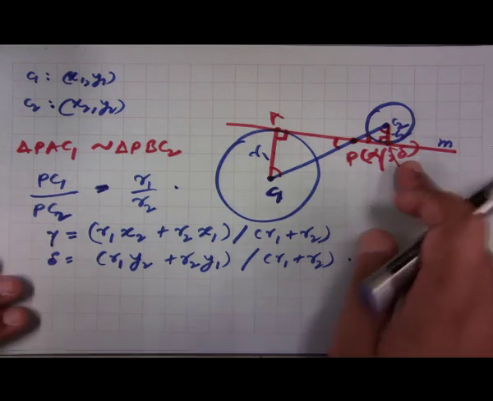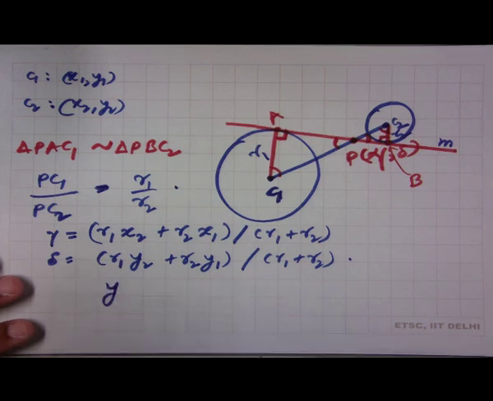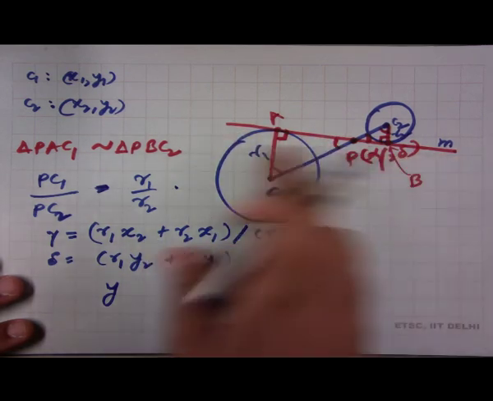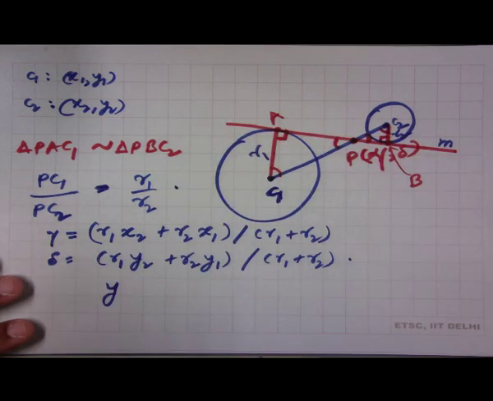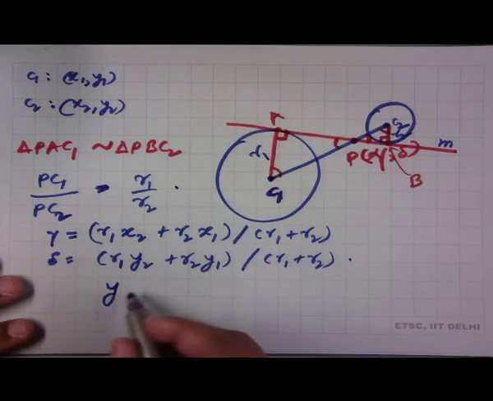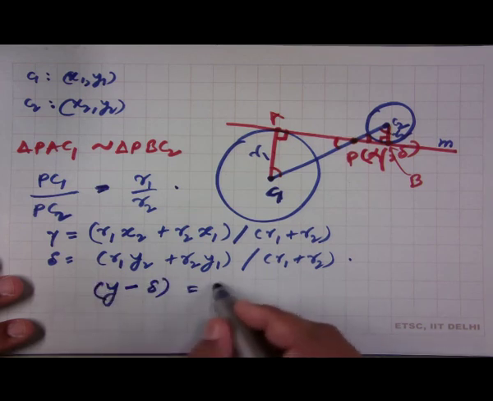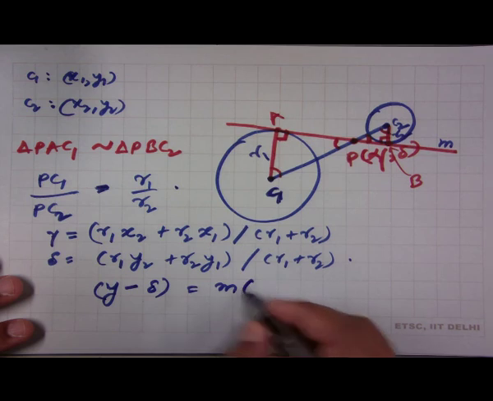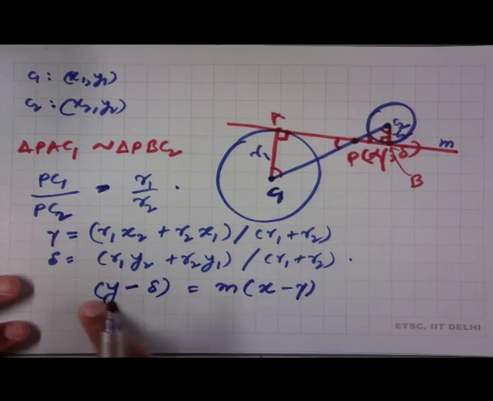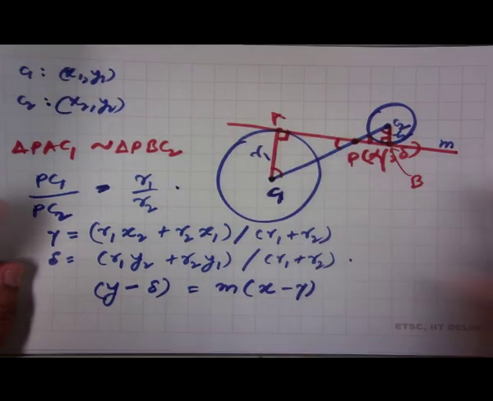Therefore, the coordinates x, y of any point on the transverse common tangent have to satisfy this equation, which is y minus delta is equal to m times x minus gamma. So, this is the straight line equation for this transverse common tangent.